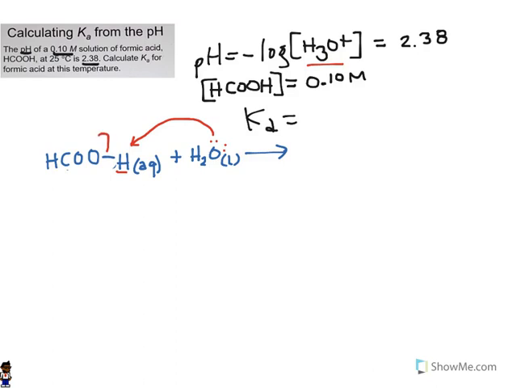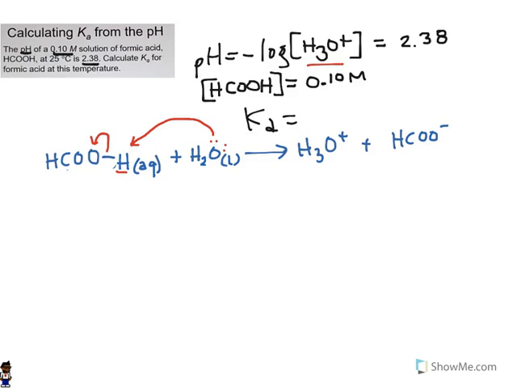This bond right here is going to turn into a pair of electrons on what's going to become formate. So our products are going to be H3O plus and HCOO, and because it has that extra pair of electrons now, it's going to end up getting a negative charge.